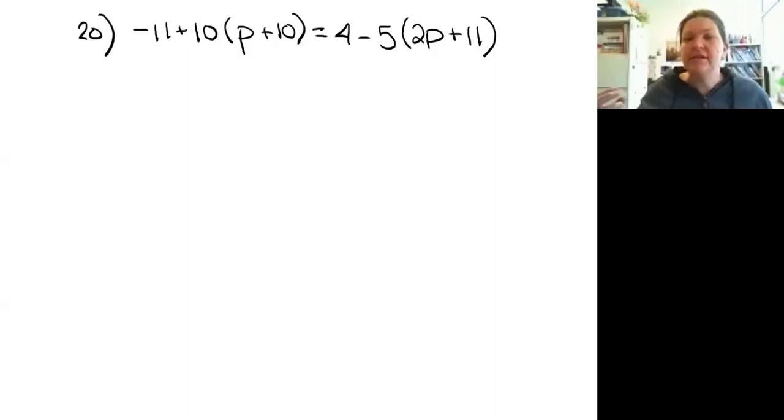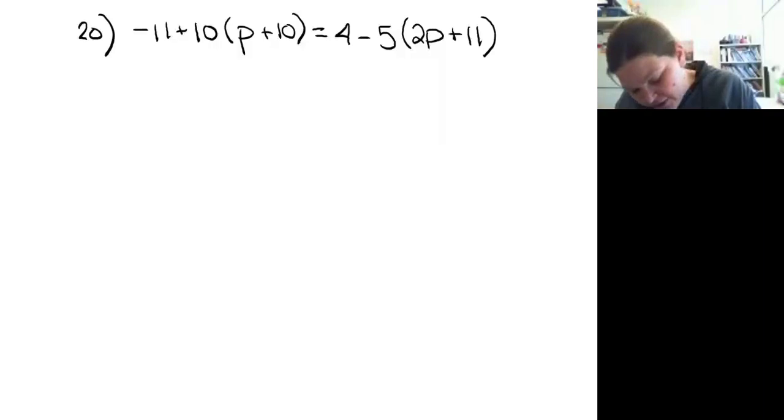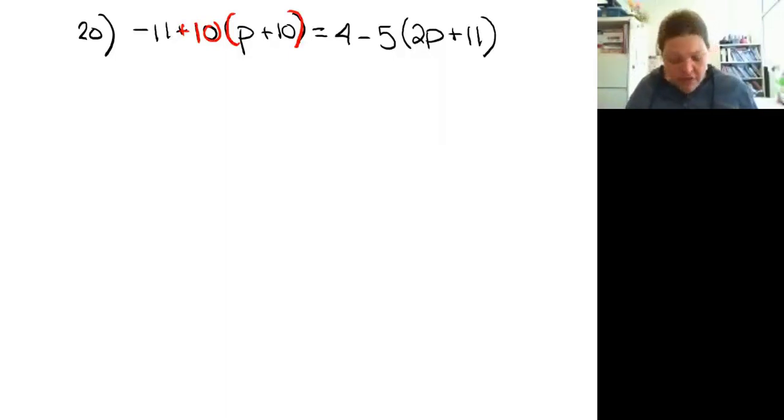So do we see any simplifying we can do on the left-hand side? Me too. So I see that multiplication. Remember to work multiplication before you work addition subtraction since we're simplifying. I see that this positive 10 is multiplying by everything in that parentheses. So that is what I will do first.